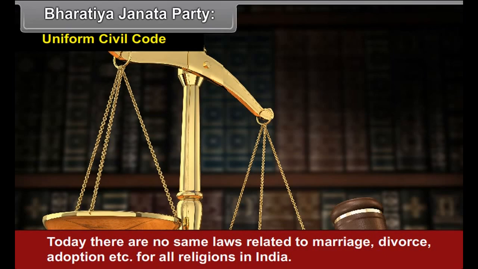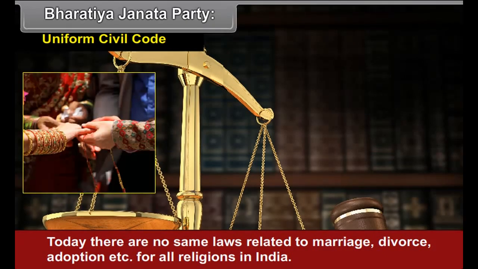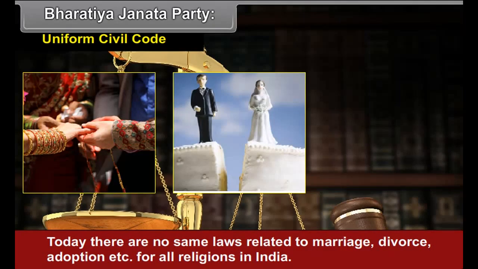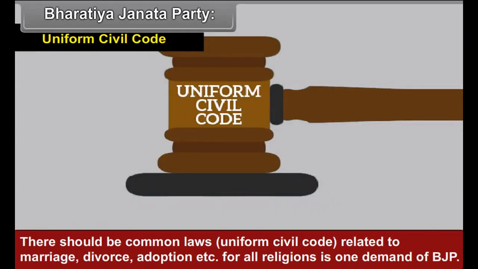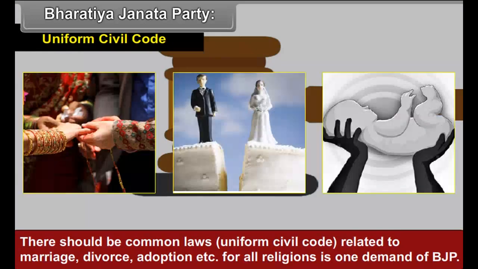Today, there are no same laws related to marriage, divorce, adoption, etc. for all religions in India. There should be common laws, that is, Uniform Civil Code related to marriage, divorce, adoption, etc. for all religions is one demand of BJP.